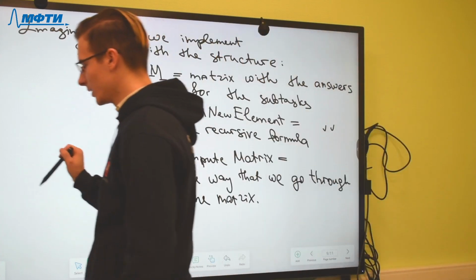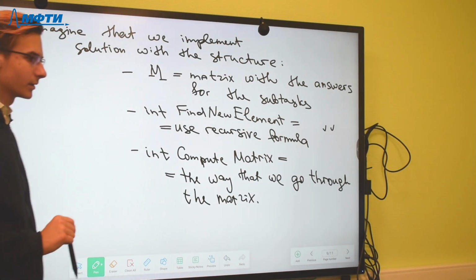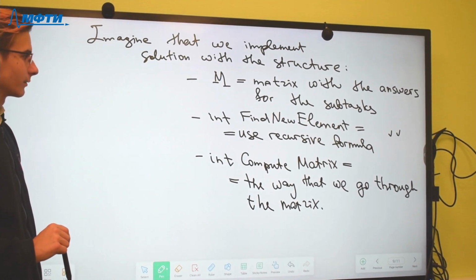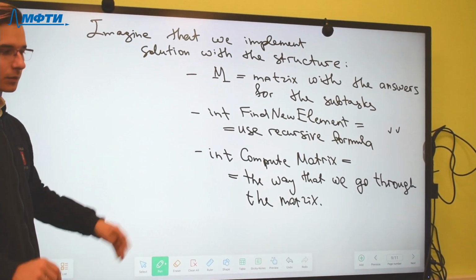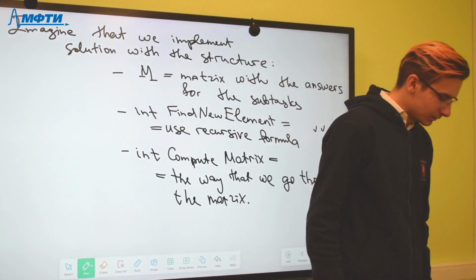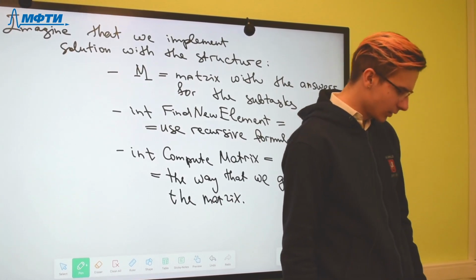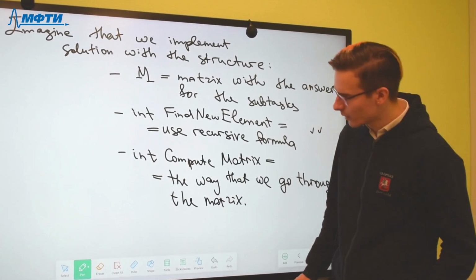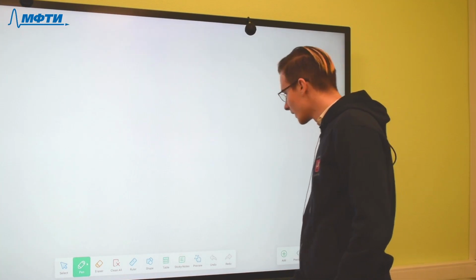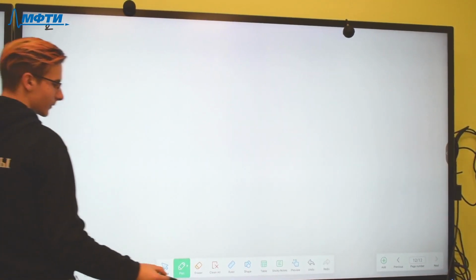So it is very useful that we can solve different problems with the same structure. Okay. I think now it's a lot of time. So some words about the second task.